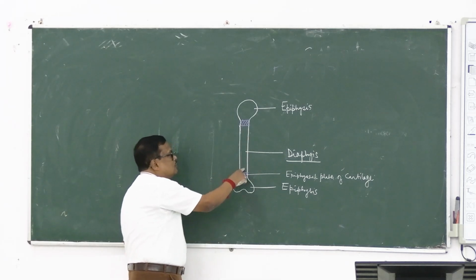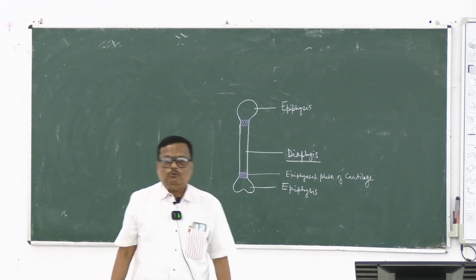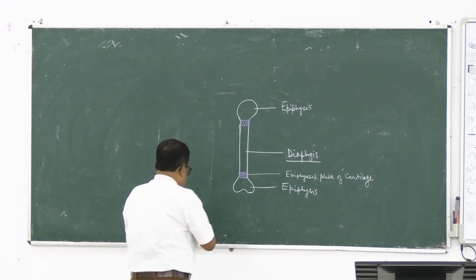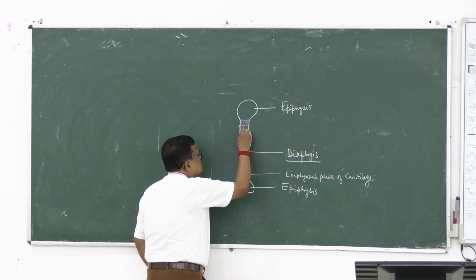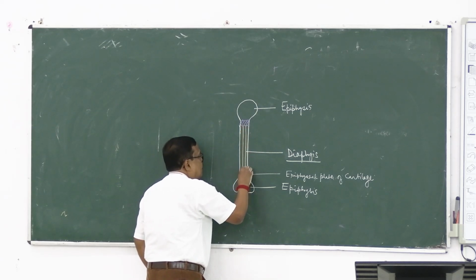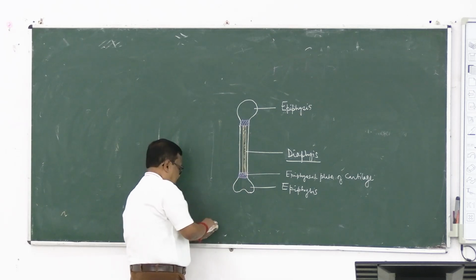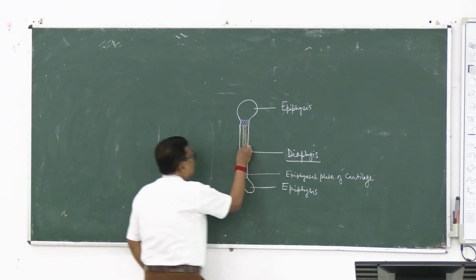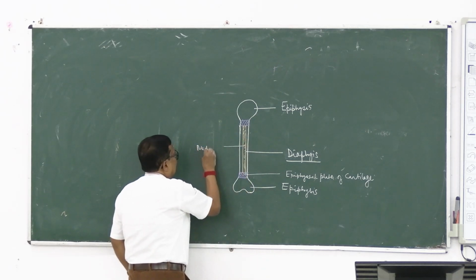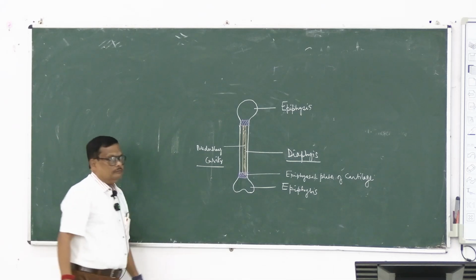In the central part of the shaft there is a long cavity we call the medullary cavity.